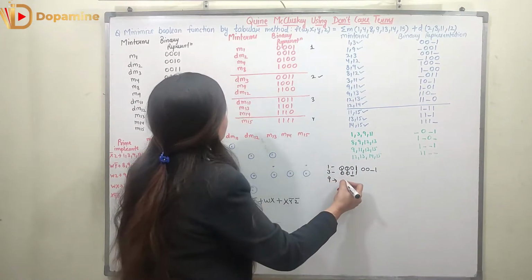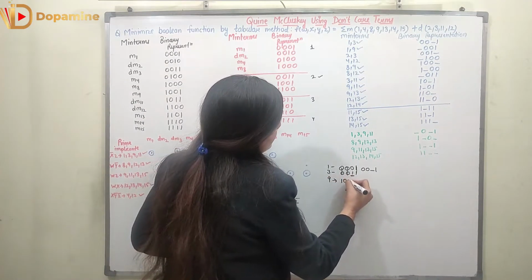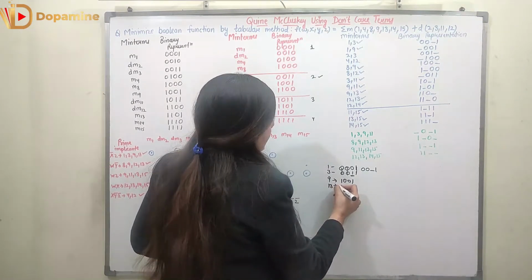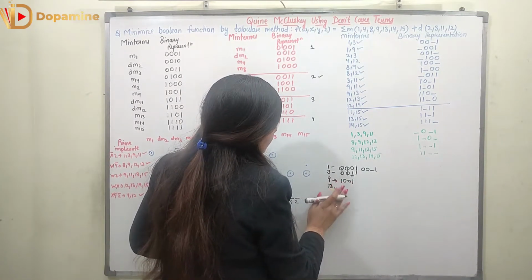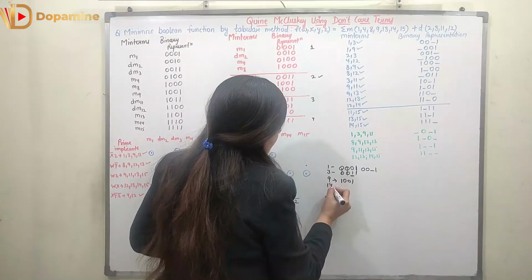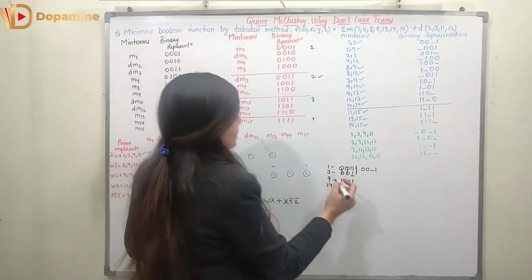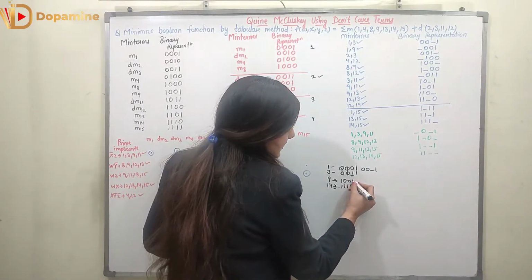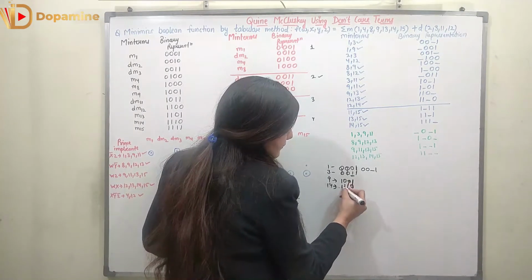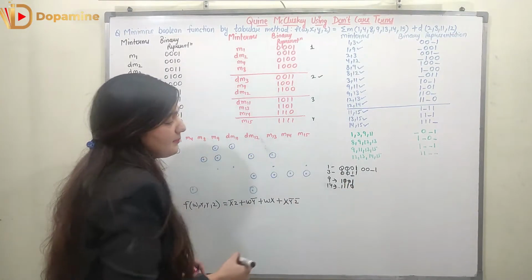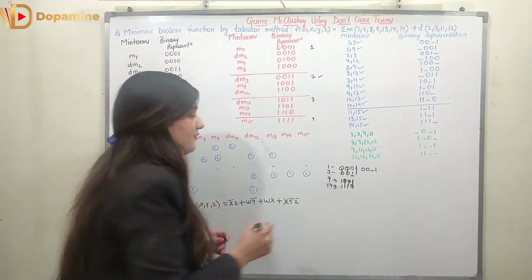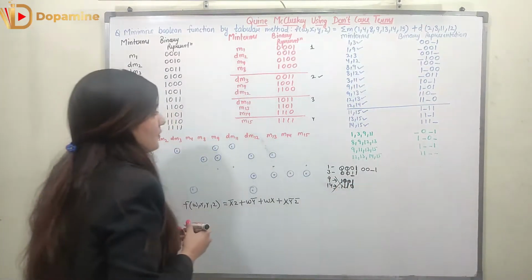Again, it's a very simple one. 9 is represented as 1001, and 14 is represented as 1110. So you can see this bit is varying, this bit is varying, this bit is varying. Only one bit is common. So 3 bits are varying. I cannot club 9 and 14. So this clubbing is not possible.